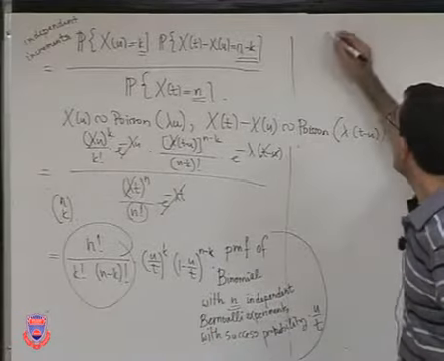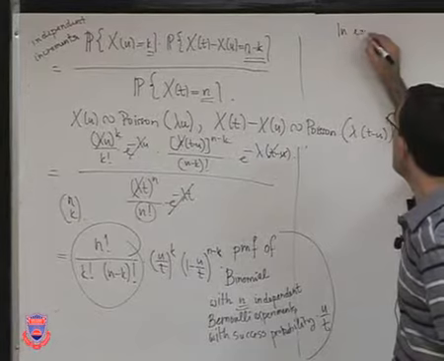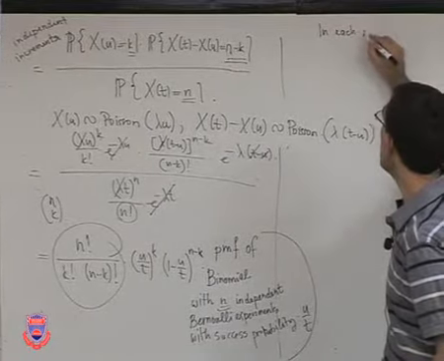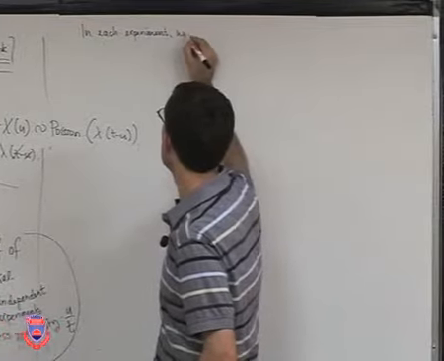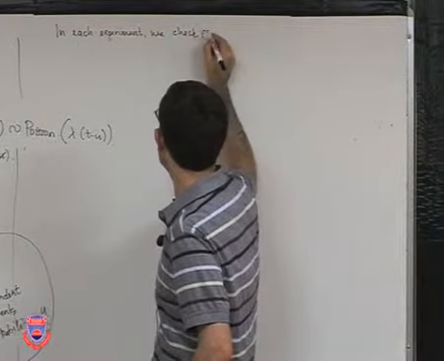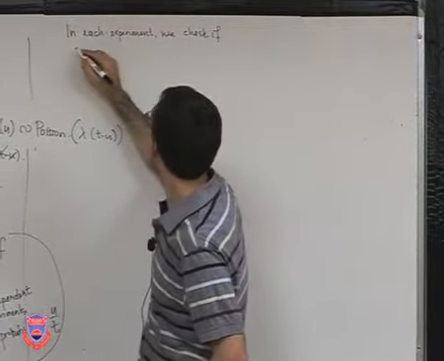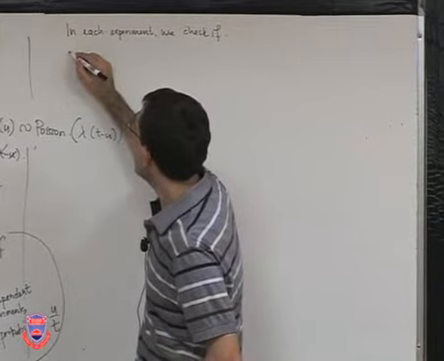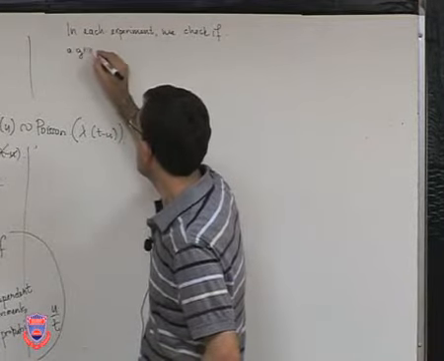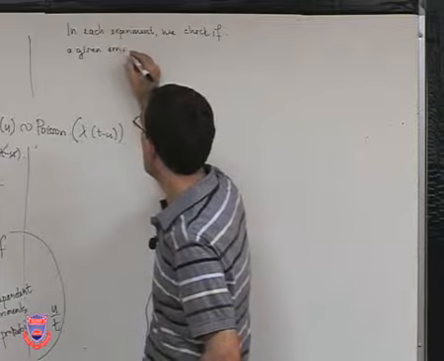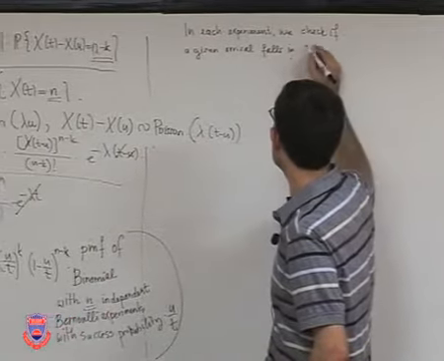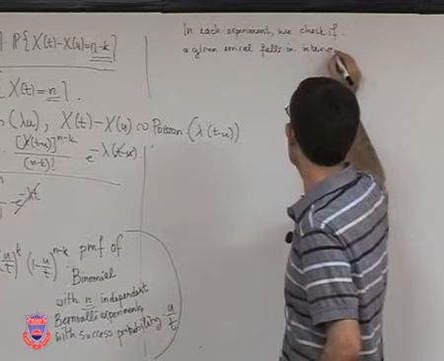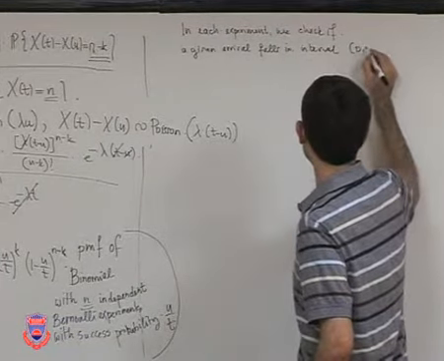In each experiment, we check if a given arrival falls in the time interval 0 to u.